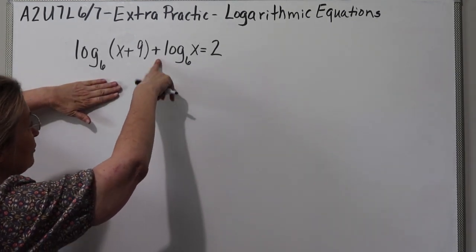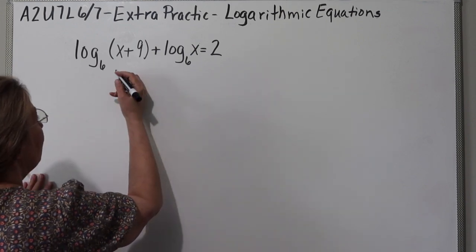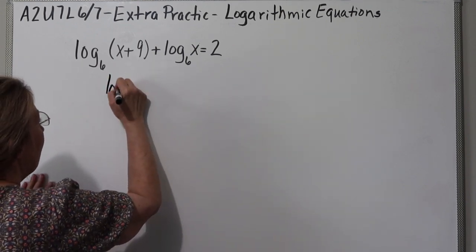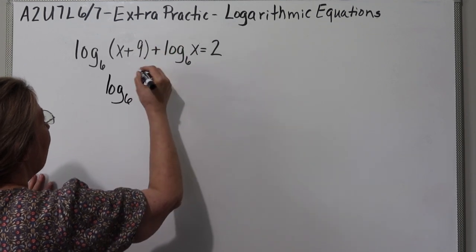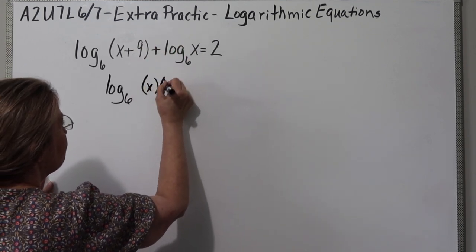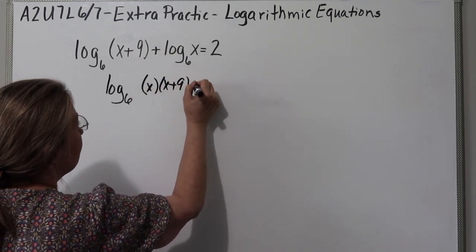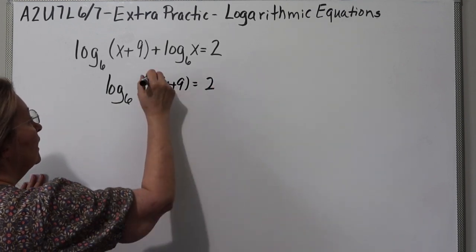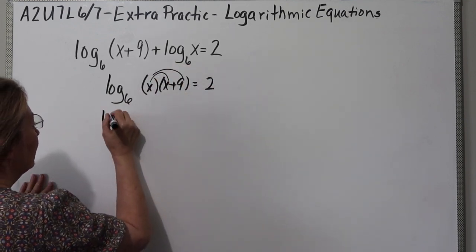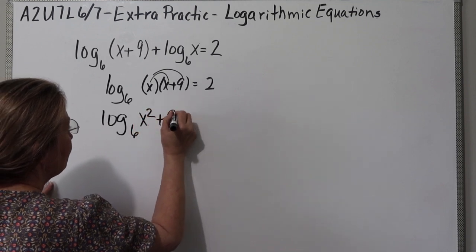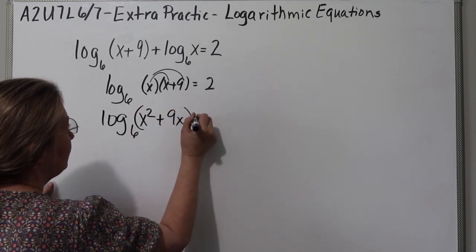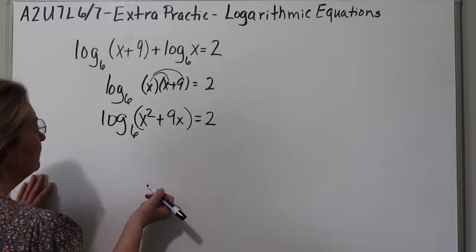Since they're added together, I can use my product property, and that becomes log base 6 of, and I'm going to multiply x times x plus 9. This is equal to 2. Now when I distribute in here, I get log base 6 of x squared plus 9x equals 2.